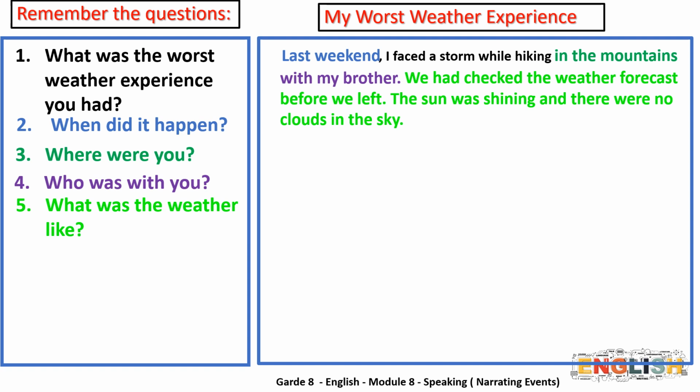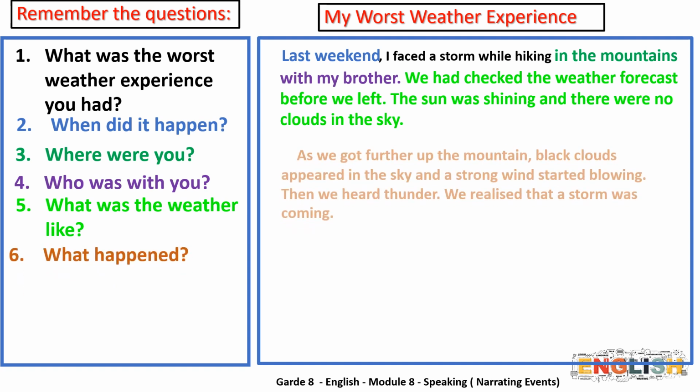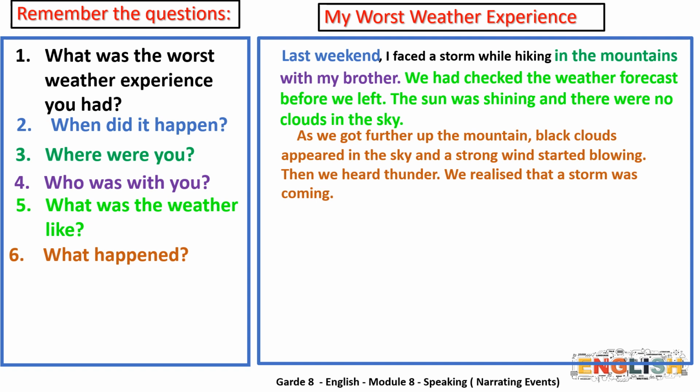We had checked the weather forecast before we left. The sun was shining and there were no clouds in the sky. What happened? As we got further up the mountain, black clouds appeared in the sky and a strong wind started blowing. Then we heard thunder. We realized that a storm was coming.